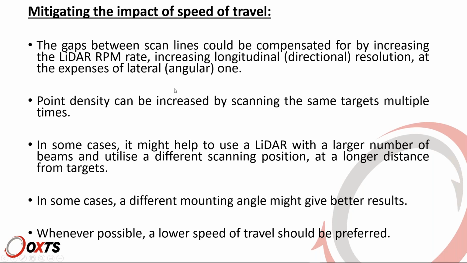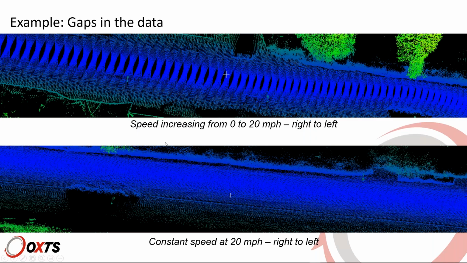In some cases, you can use a LiDAR that will have more beams and utilize a different scanning position. If we go back to this example, if you imagine the LiDAR, as I said, that was pointing down, if you imagine the LiDAR being mounted higher up on the vehicle, so more distant from the ground, the result will be that the LiDAR at every scan will be viewing a larger portion of the road, because the same angle would be covering a longer distance, projected on the ground.